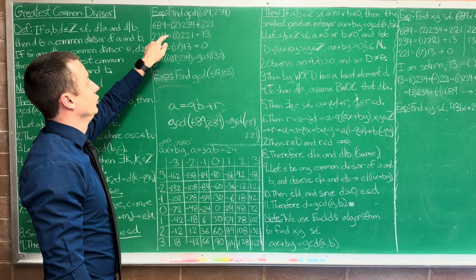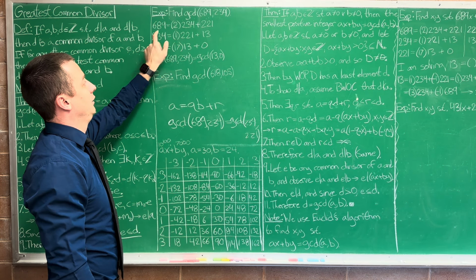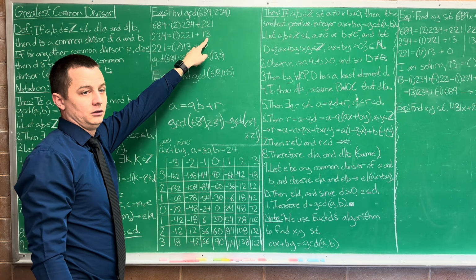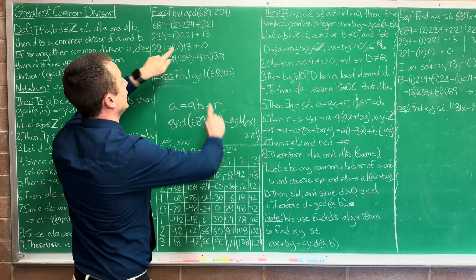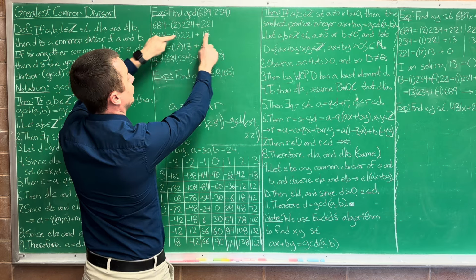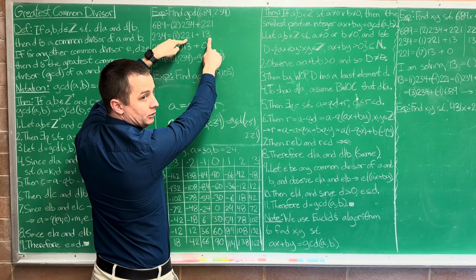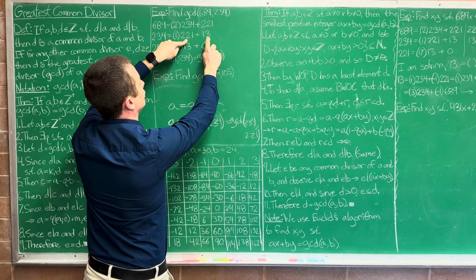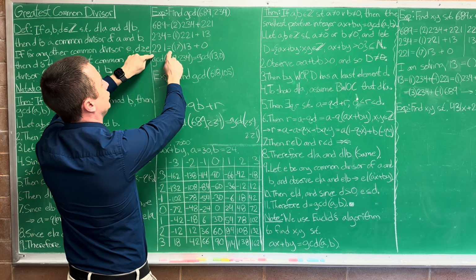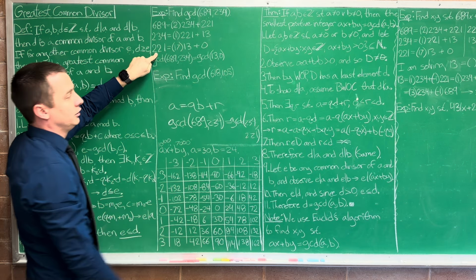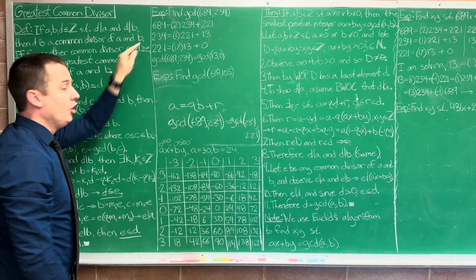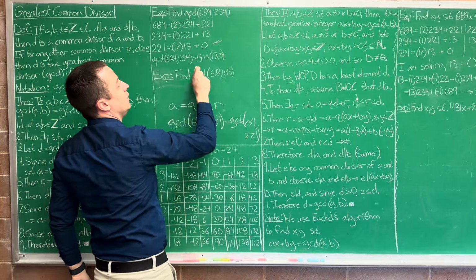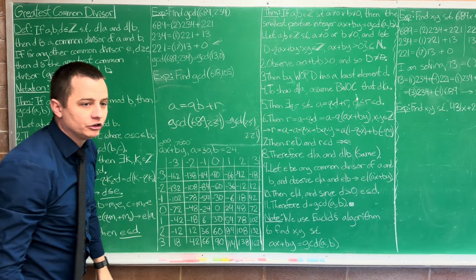Just once, with a remainder of 13. Okay. So now my greatest common divisor of those 2 numbers is also my greatest common divisor of those 2 numbers. So how many times does 13 go into 221? Well, it goes into it exactly 17 times, remainder of 0. Okay. Once you get your remainder of 0, then whatever this number was is your GCD.